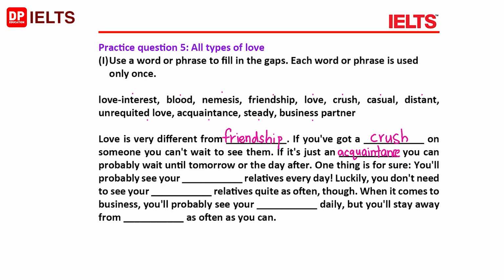One thing is for sure, you'll probably see your blood relatives every day. Luckily, you don't need to see your business partner. Now, luckily, you don't need to see your distant relatives.